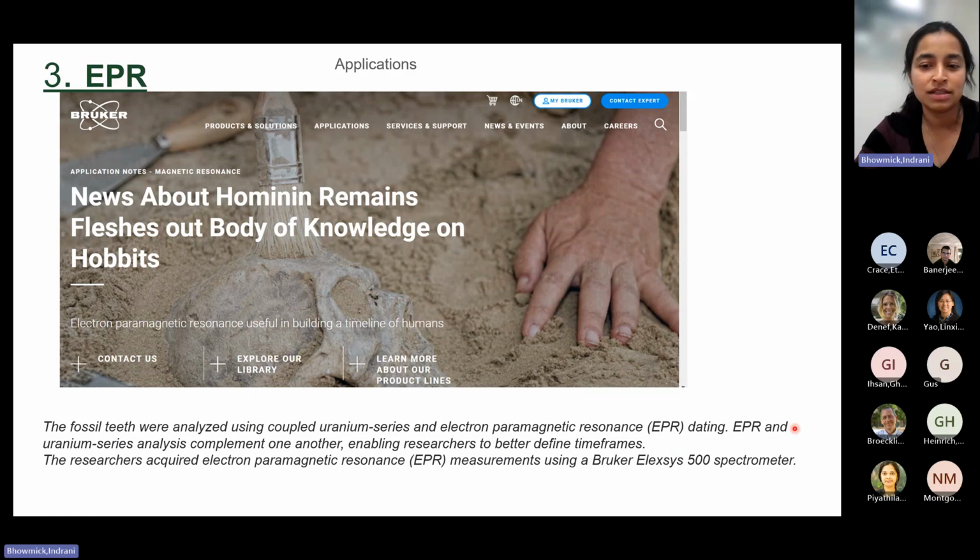They used the same EPR we have for doing the uranium series coupled to the ESR series to actually determine the age. They used that one and compared with each other to determine the time when it actually happened, the life of the fossil. I can't talk. The age of those fossil teeth.